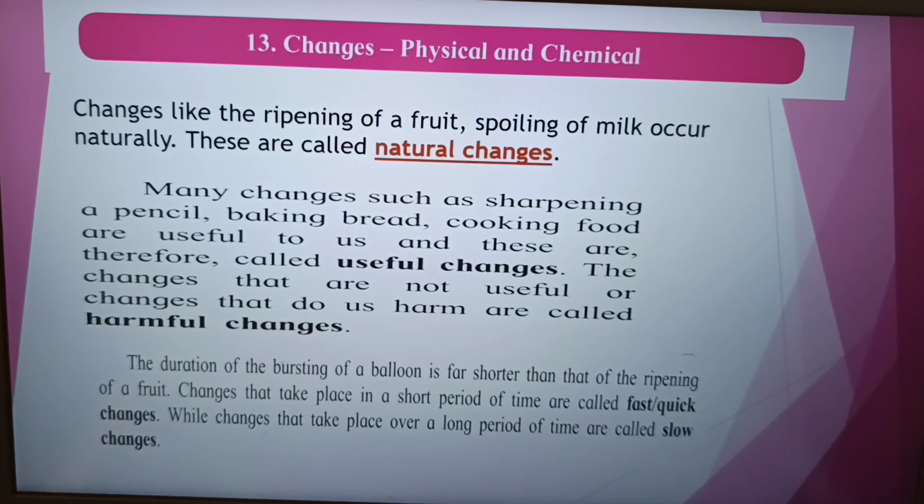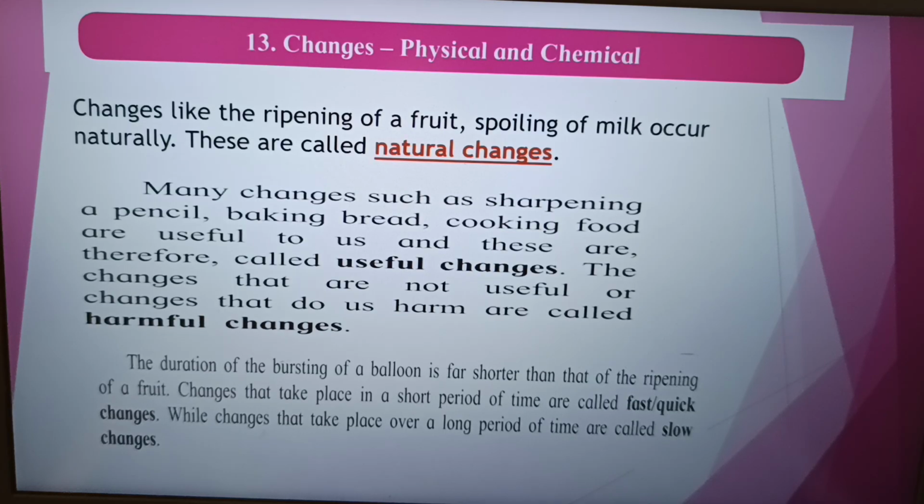There is green algae and fungus that the bread is caught by. If by chance you eat that bread, what will happen? You will fall sick. So such a change that happened on that bread is a harmful change.